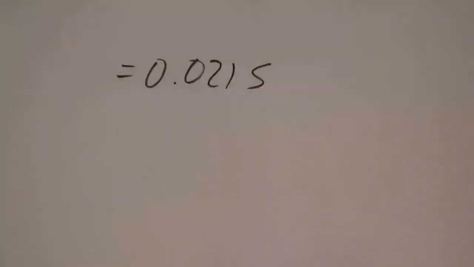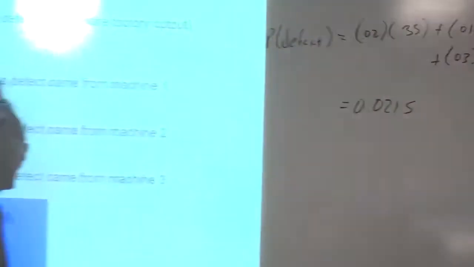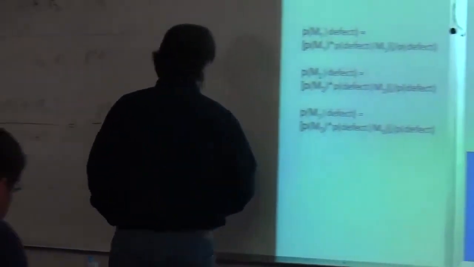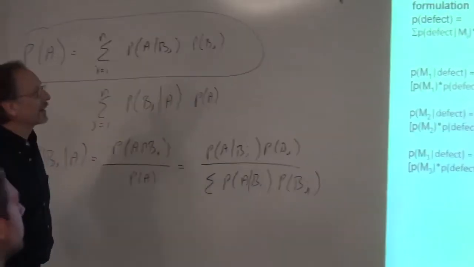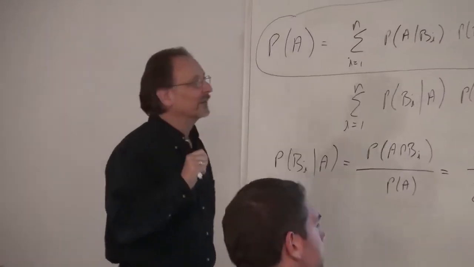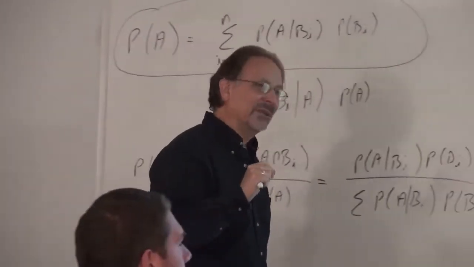So then what I can do is work backwards. I can find out, if I have a defect, what's the probability that that defect came from machine 1, or machine 2, or machine 3? Okay.